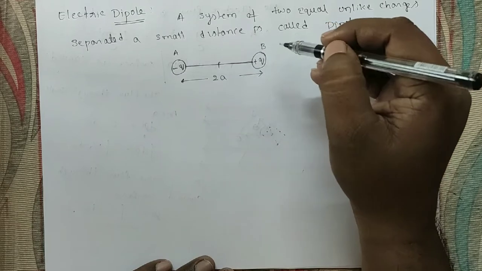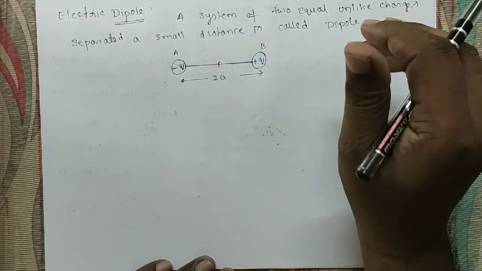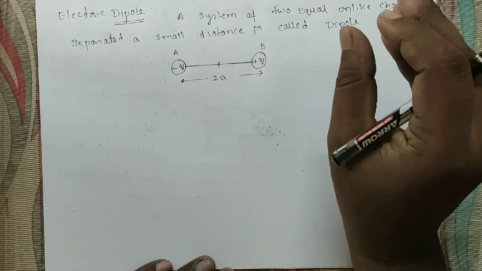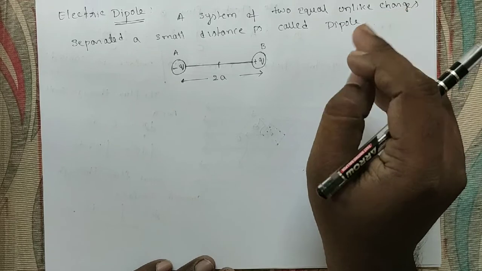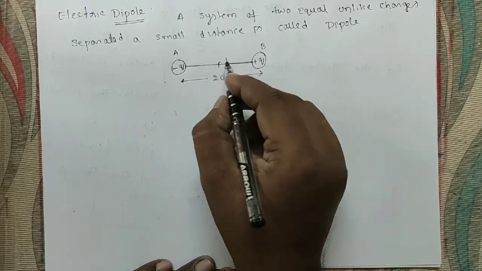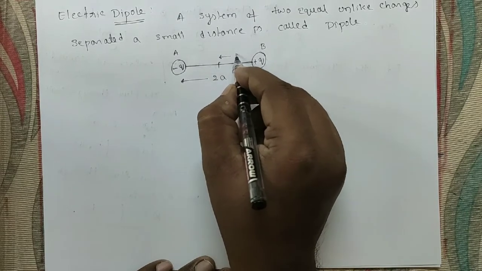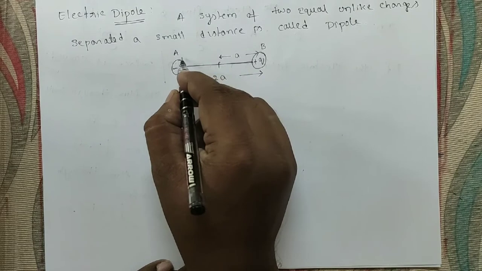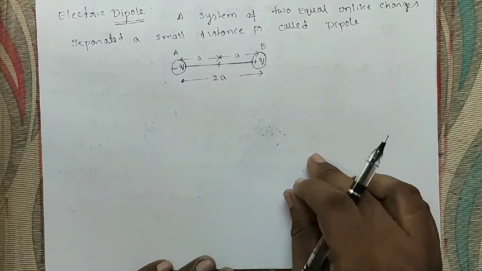That fractional value creates complications while calculating. To avoid that complication, we take 2A. 2A means the distance of the positive charge from the center is A, and the same way the distance of the negative charge from the center is A.